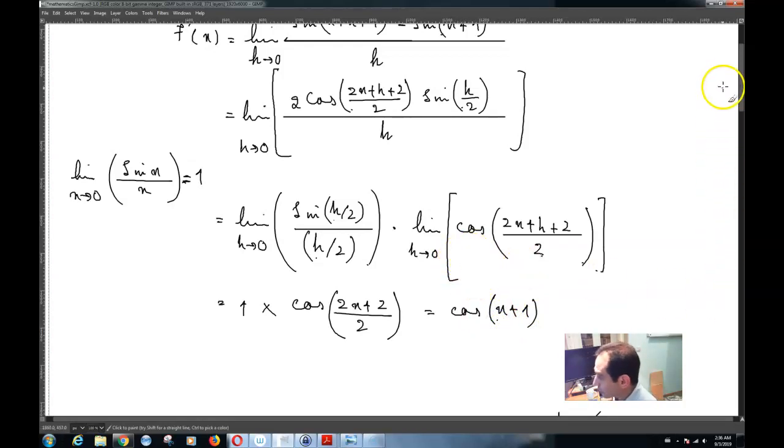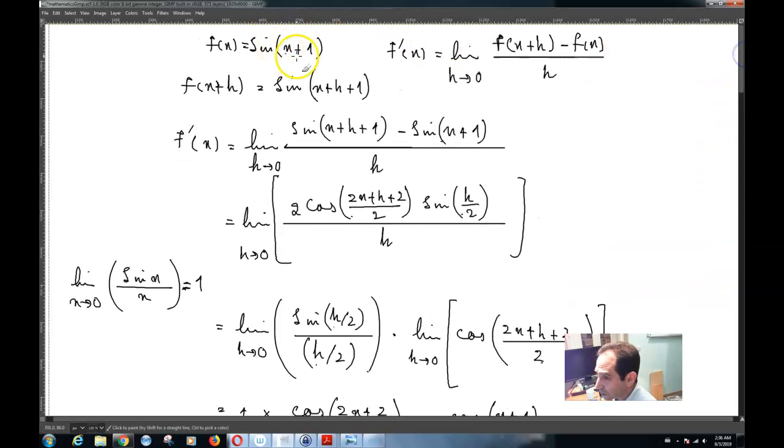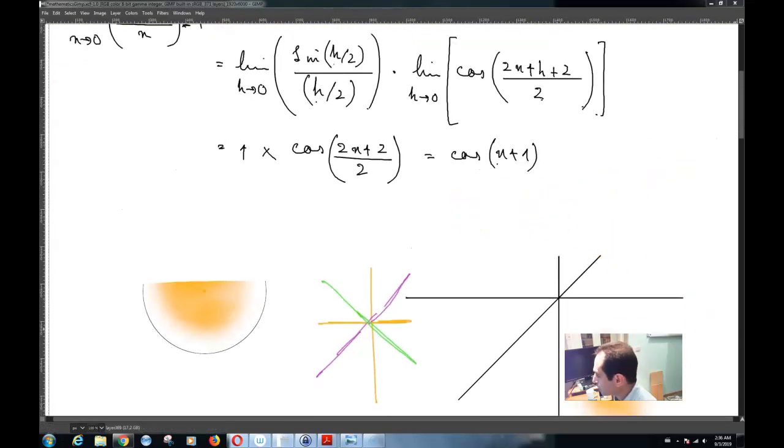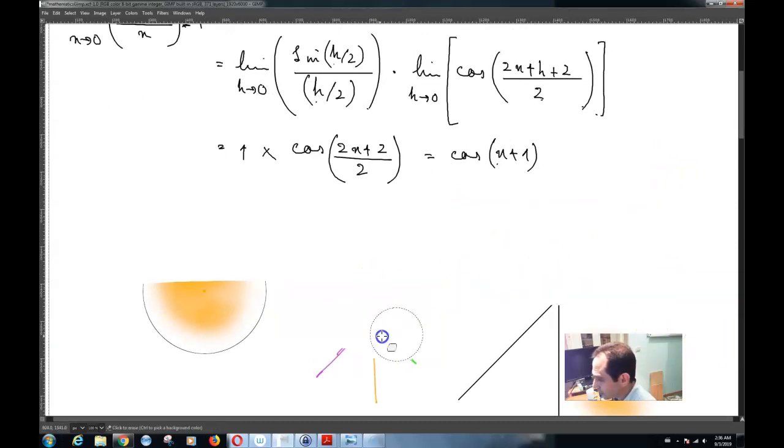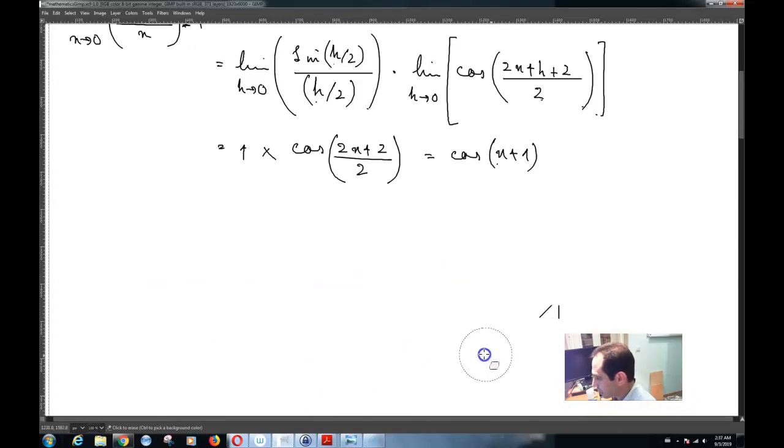So what that means is that d by dx of sine of x plus 1 is equal to cos of x plus 1.